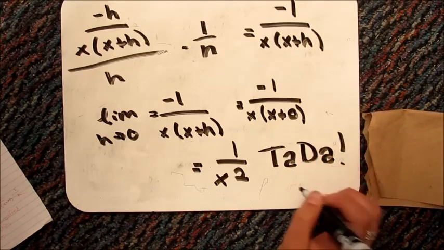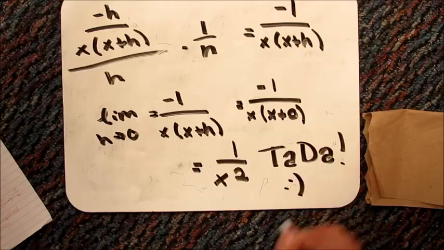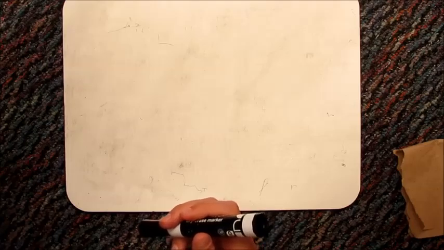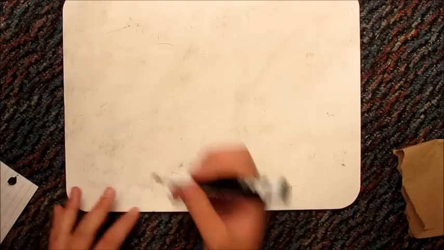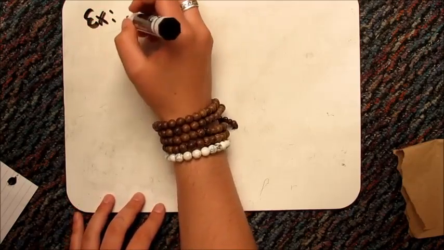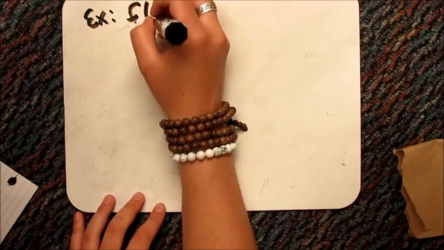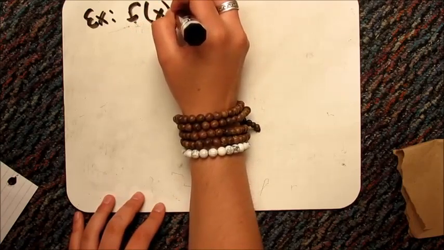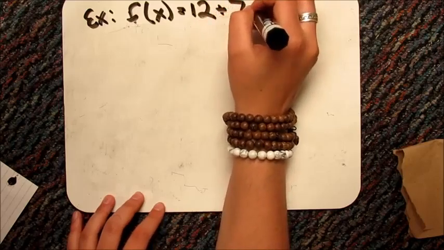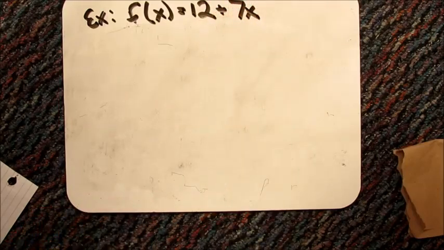And what we'll do next is the same thing, but just a little bit easier with numbers, not a fraction this time. So our second example, we'll have f(x) equals 12 plus 7x. And so what we want to find is the derivative of 12 plus 7x.